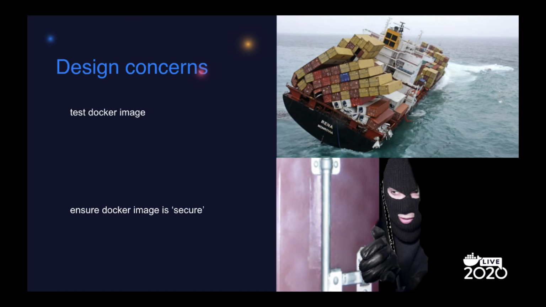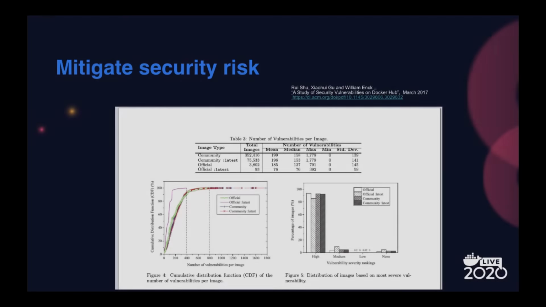The other overarching concern is to ensure the Docker image is secure, for some reasonable definition of security. This specific paper showed that the biggest challenge is that of image sprawl. Base images get inherited by other images, which themselves get inherited by other images ad infinitum.